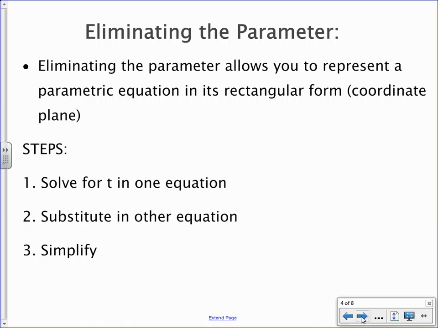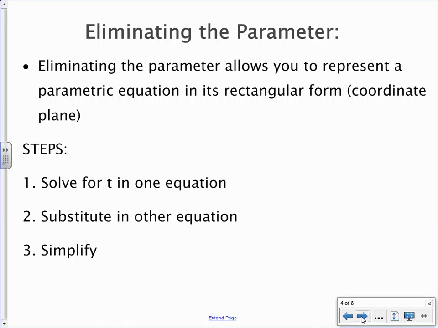All right, so this is what we're going to do. We're going to solve for t and then substitute it in. Okay, we have two equations in terms of a third variable. We're going to pick one equation. It doesn't matter which one, whichever one is easiest to solve for t, and then plug it in.